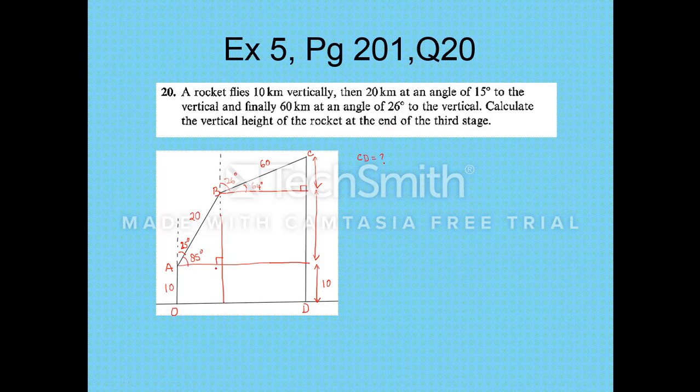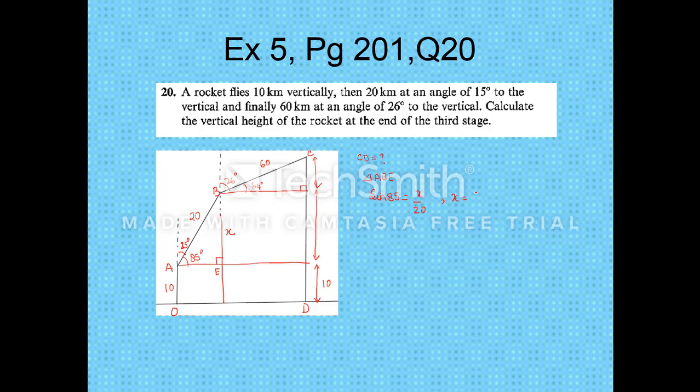So if I label this point as E, when I consider triangle ABE, I know the measure of the hypotenuse and I need to find out the opposite side. So we need to use the sine ratio. So sine 85 degrees will equal, let us just call this x for convenience because it then becomes easier, x over 20.